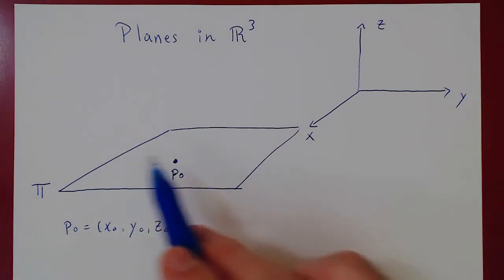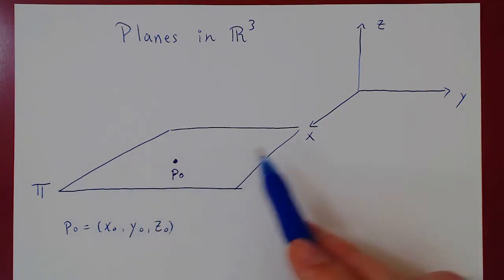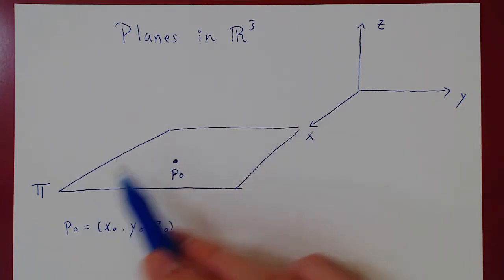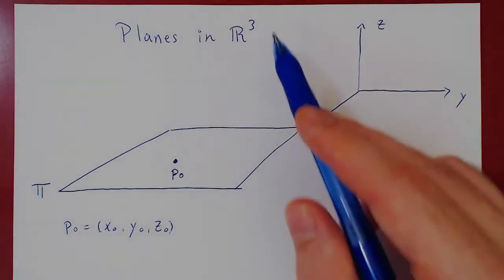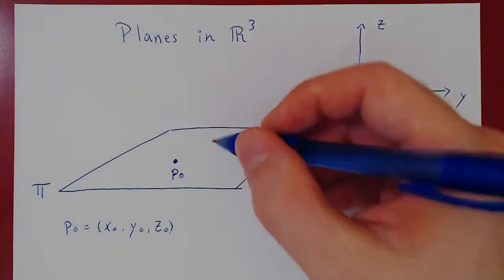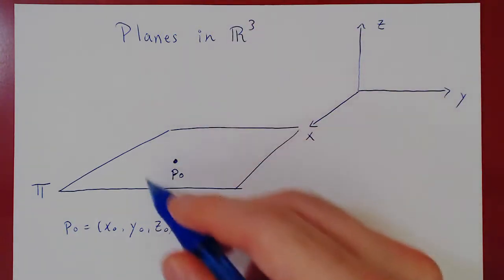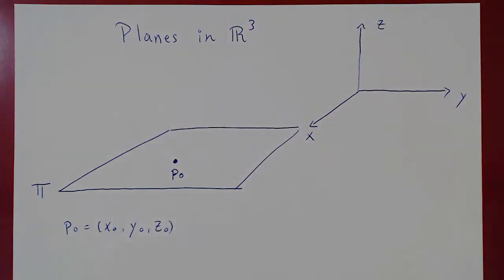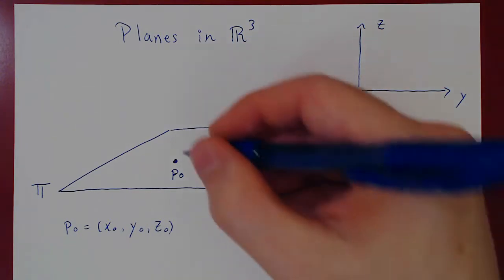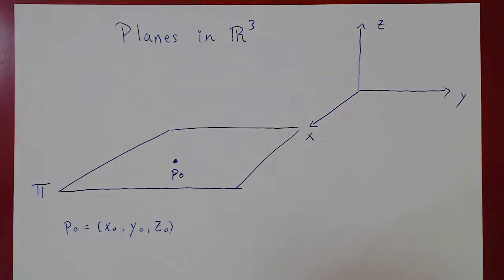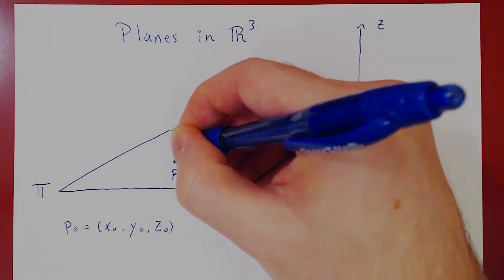And so because the plane is a two-dimensional object, a two-dimensional flat surface in three-dimensional space, there is always a unique direction in space that is perpendicular to your plane. And that will be the directional vector of the plane. Suppose that we put its initial point onto the point P naught.